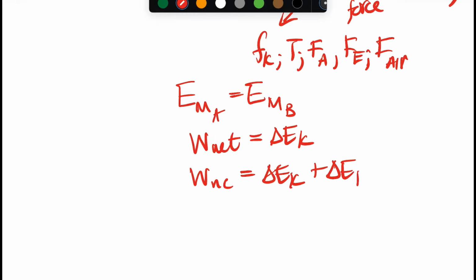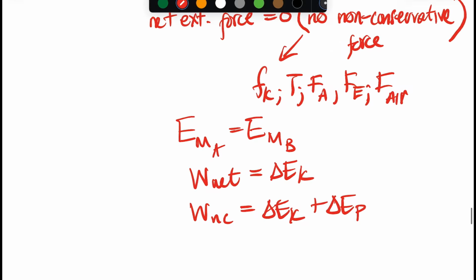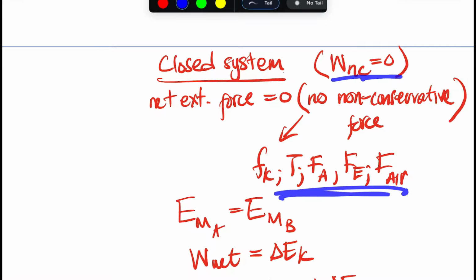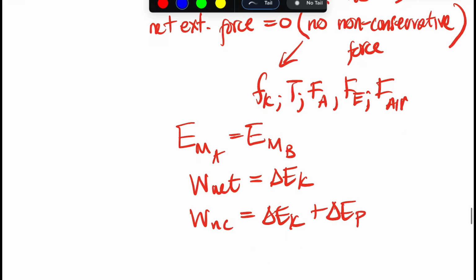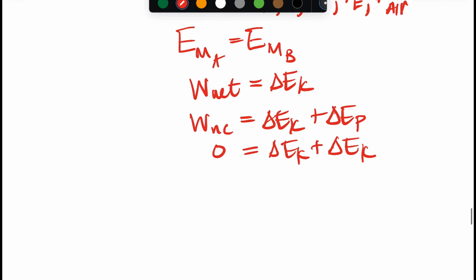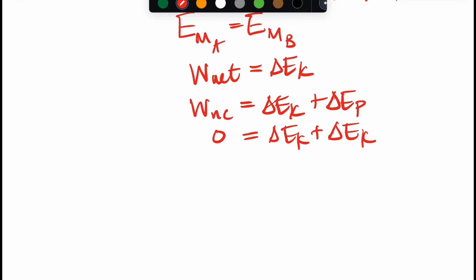But here, using the work done by non-conservative force, you must know if the system is closed, that means the work done by non-conservative force is zero. There are no non-conservative forces, so the work done by non-conservative force is zero. So here you have to substitute zero and have that, right? It's very important, very important.